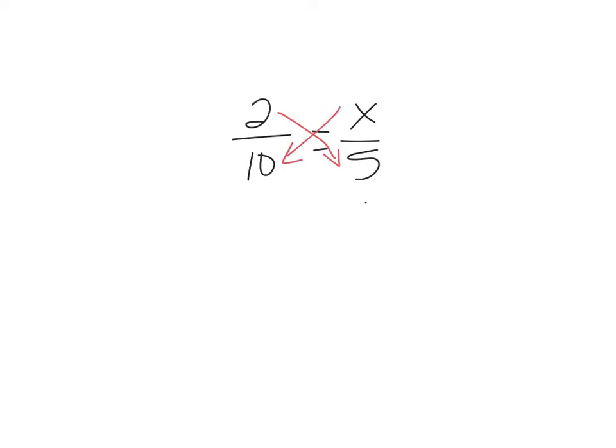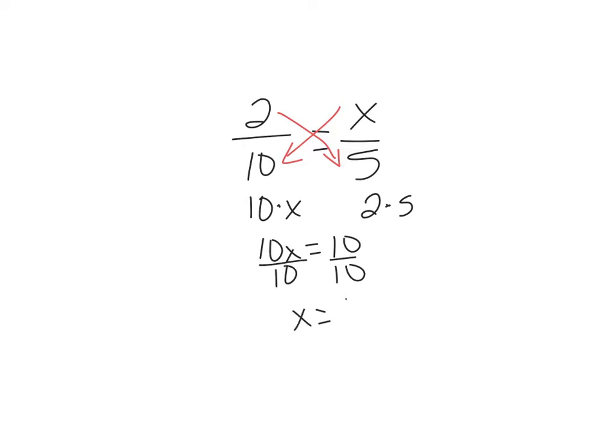So this would be 2 times 5, and this would be 10 times x. That 10 times x is just 10x, and 2 times 5 is 10. Then you're able to divide both sides by 10, so x in this case was 1.